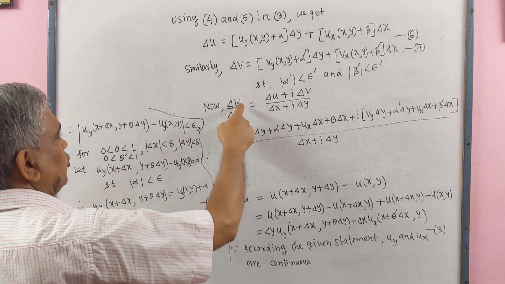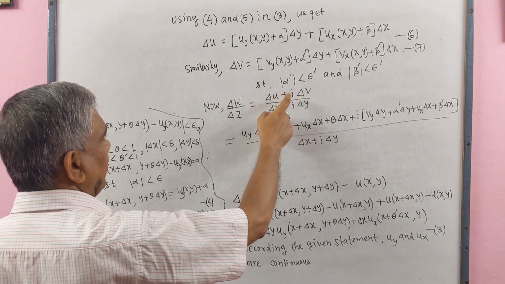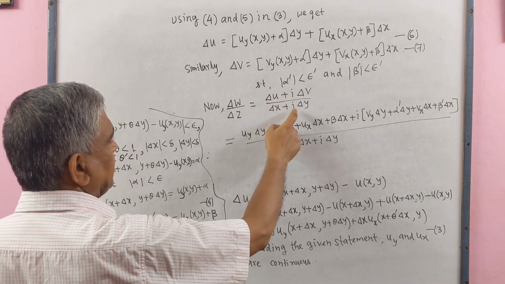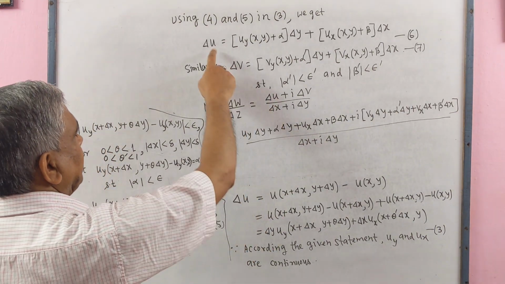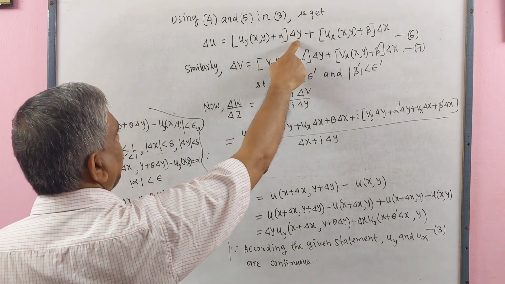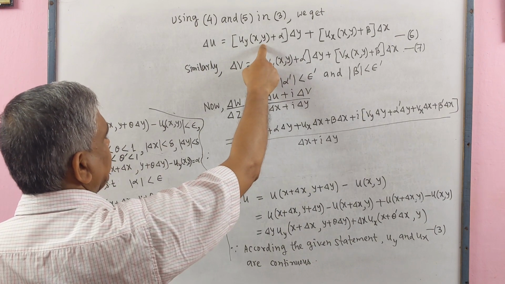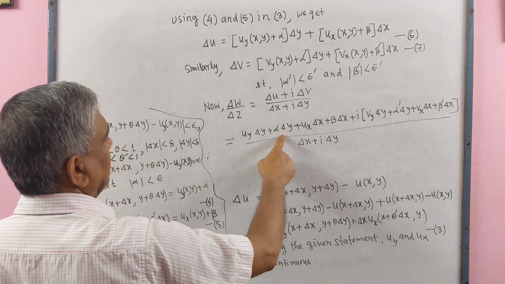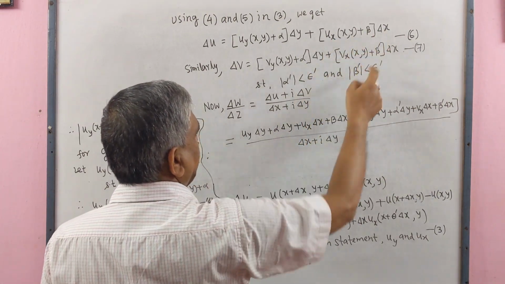Now, delta w by delta z equals, delta w is delta u plus i delta v, and delta z equals delta x plus i delta y. Now we put the value of delta u from 6: uy delta y plus alpha delta y, similarly ux delta x plus beta delta x.